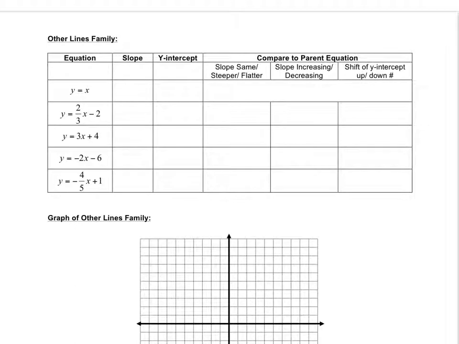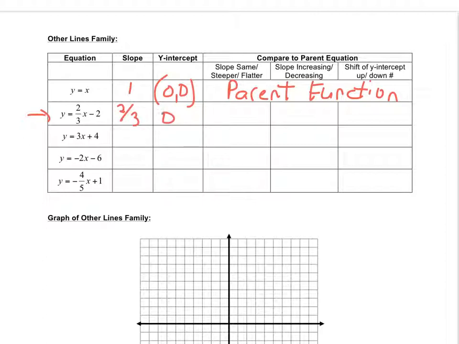So first we have, this is the parent function. So you need to write all of these down. That's our parent function. And the slope of the parent function is always 1, and the y-intercept is 0. All right, the next one is here, and we can see that the slope is 2/3, and the y-intercept, the b, is -2, so it's (0, -2).